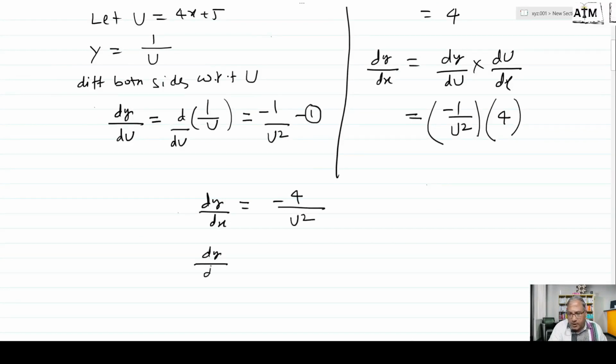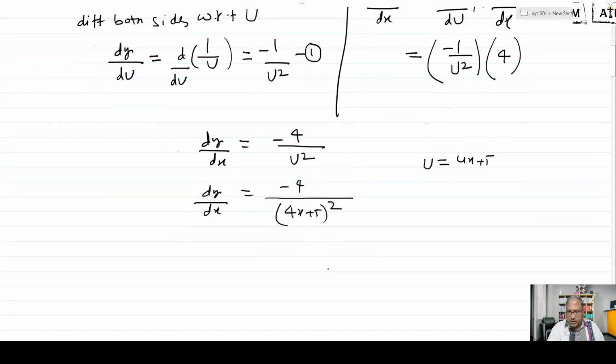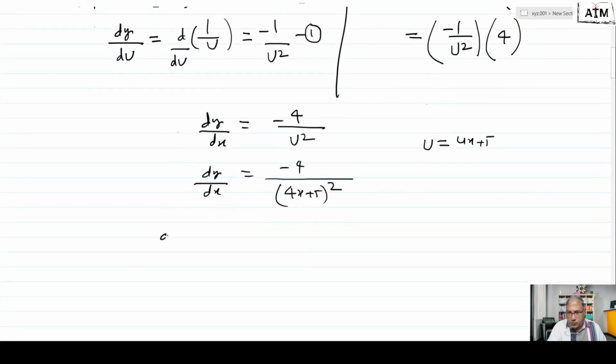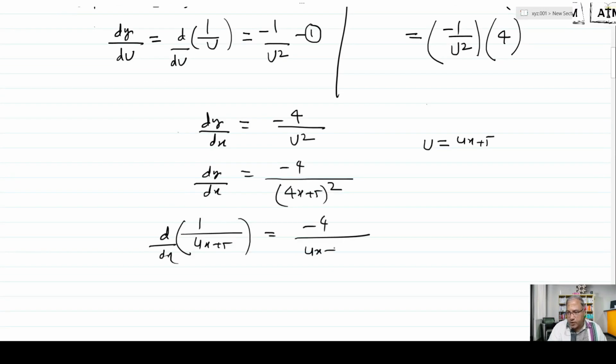So dy by dx equals minus 4 upon, what is the u value? The u value is nothing but 4x plus 5. So putting that value back here, 4x plus 5 whole square. So dy by dx, that is the differentiation of 1 upon 4x plus 5 with respect to x, equals minus 4 upon 4x plus 5 whole square.